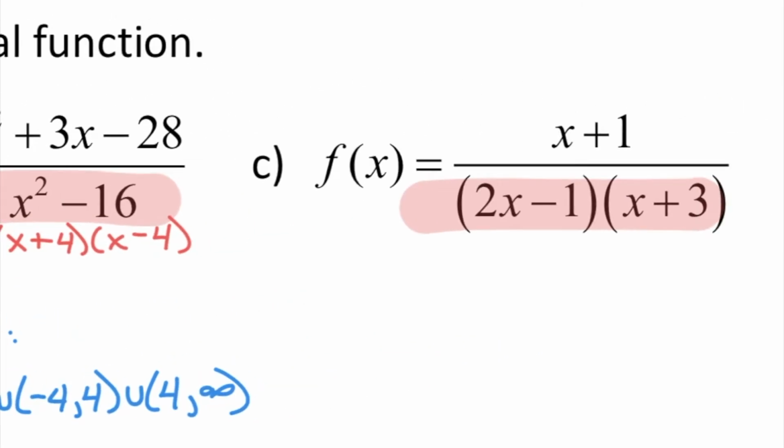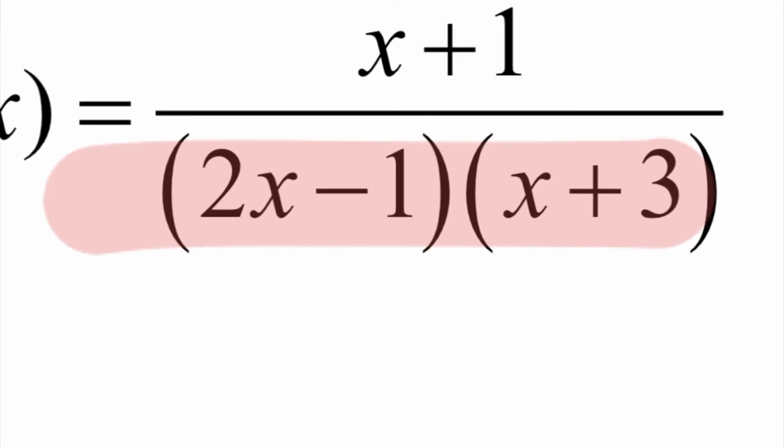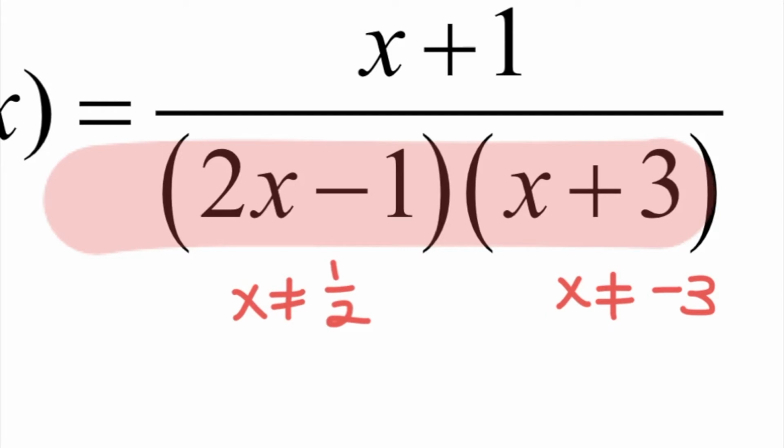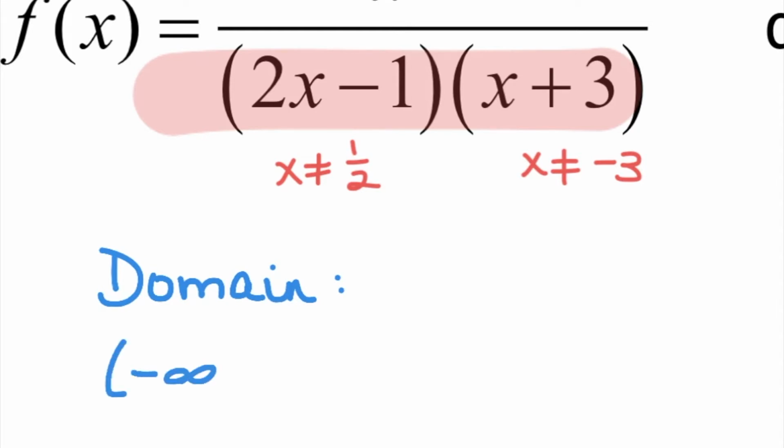And in letter C, I have already factored the denominator for you, shame on me. And so here, x cannot equal positive 1/2, and x cannot equal negative 3. So the way you would write that, if I ask you for the domain, is negative infinity to negative 3.